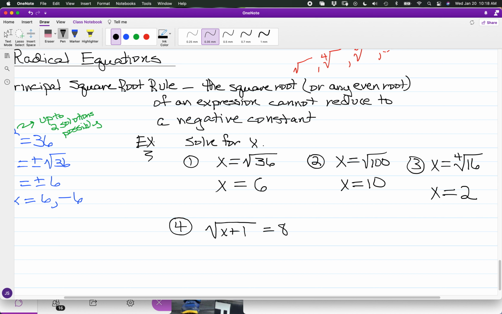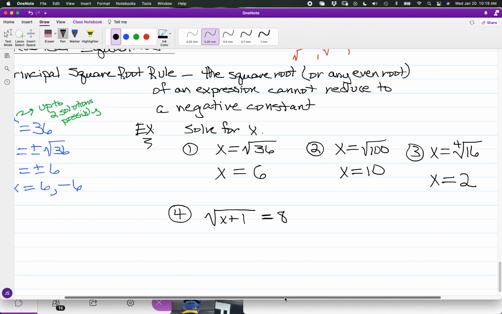So you have an even root with the square root of x plus 1, and the square root of x plus 1 reduces to positive 8. So there's no violation of the principal square root rule in this case.